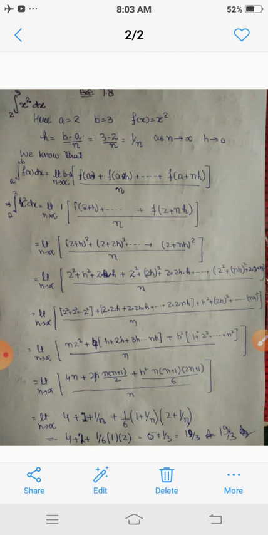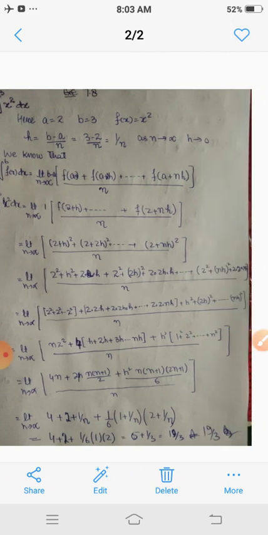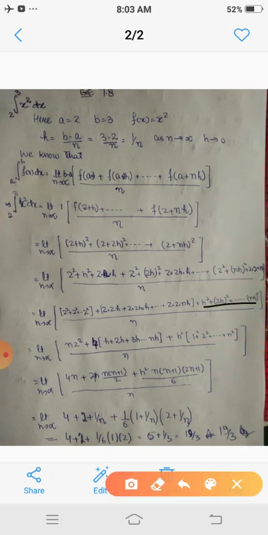Similarly here we have h square, 2h square, up to nh square. Here we have 2 square n times, so it is simply n into 2 square.